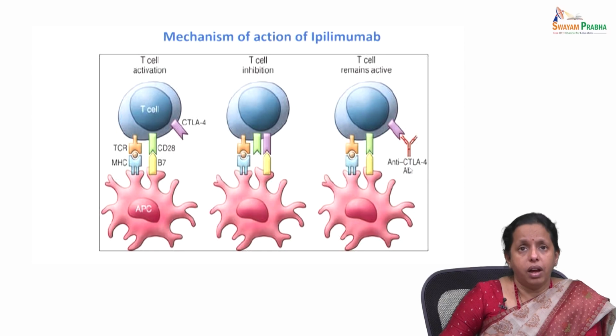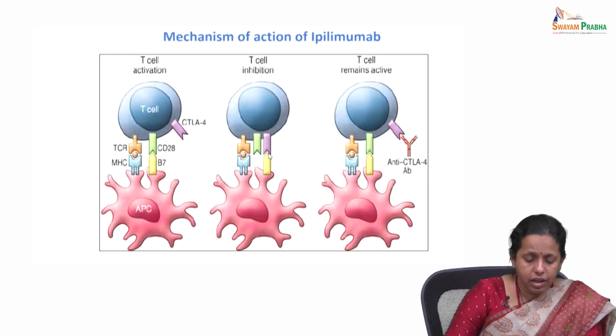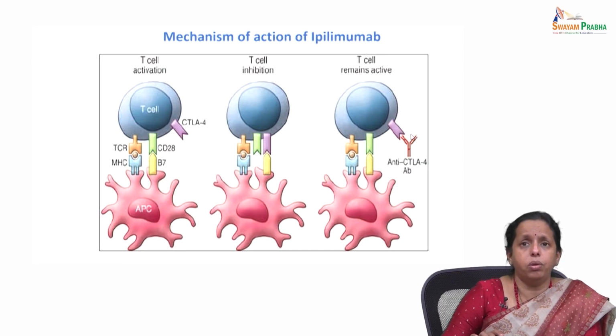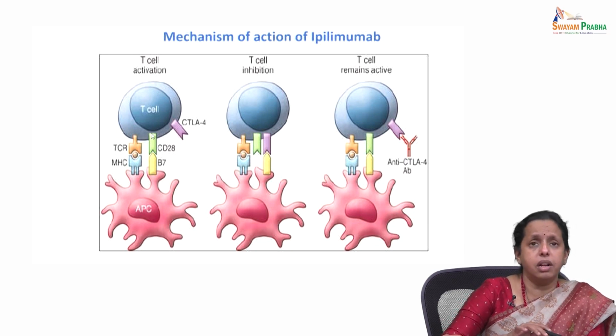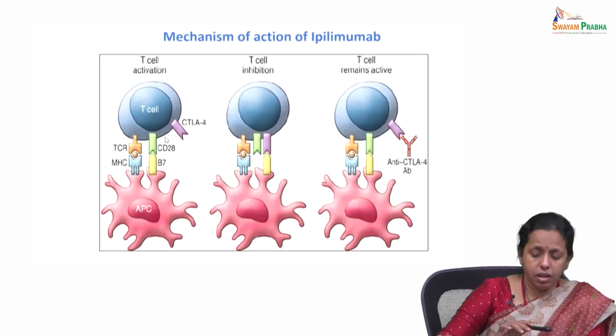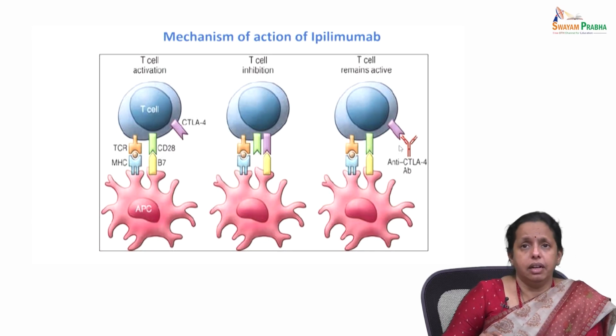Anti-CTLA4 antibodies, as you see, such as ipilimumab, are monoclonal antibodies. Here you can see the mechanism: they block CTLA4 binding to your B7. Isn't it fantastic? Your co-signaling pathway is totally being targeted here, and they prevent inhibition of the T cell function.